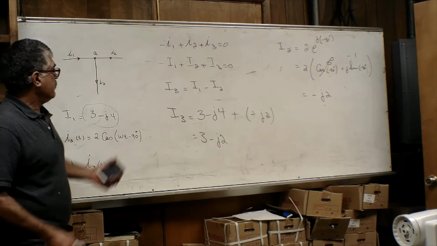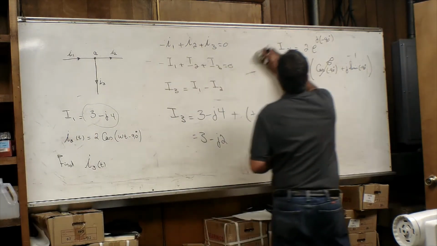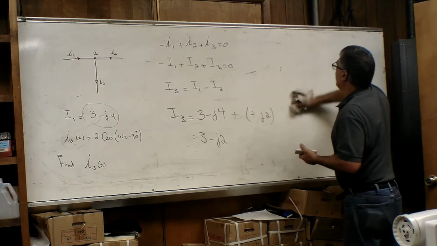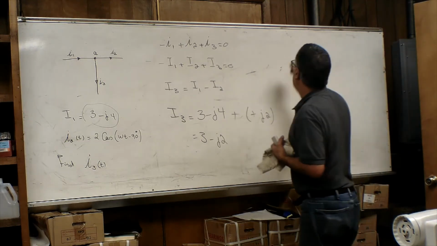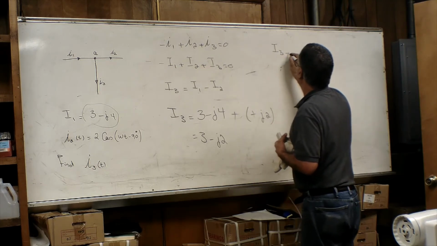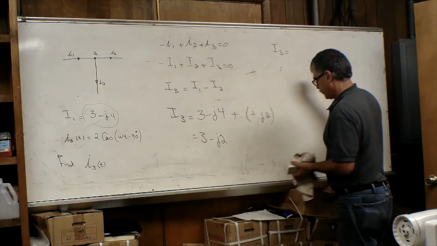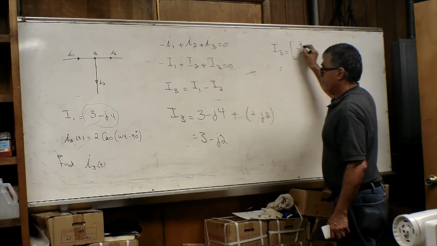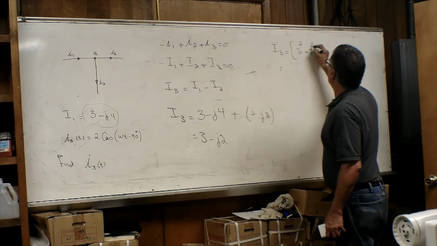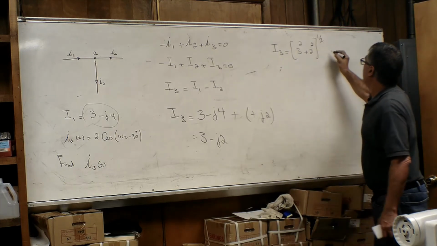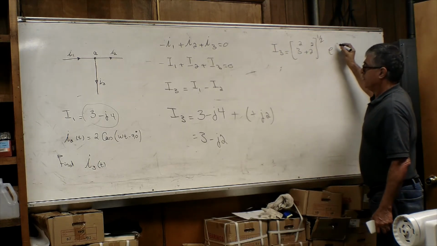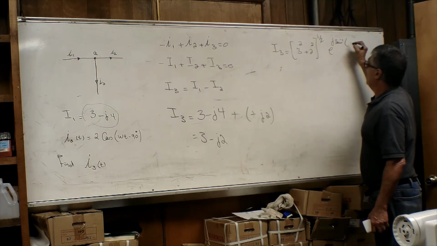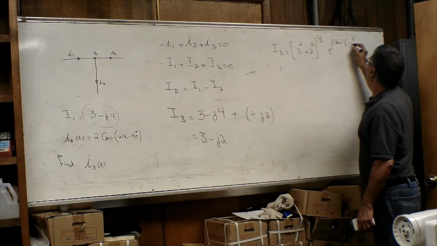Now we can also write that in exponential form as I3 is equal to 3 squared plus 2 squared to the power 1/2, e to the power j tangent inverse of -2 divided by 3.